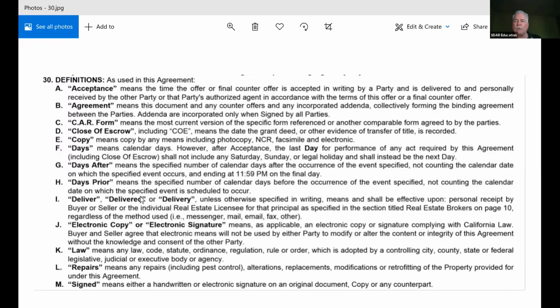Counting backwards, not counting the 1 day, I've got 2 days and I've got the 15th. So on the 15th, I send the notice to buyer to perform, and the buyer has now until the 17th. And then on the 18th, the seller has the right to issue cancellation instructions. That's all the notice to perform does, is tell the other party of the first party's right to cancel. They don't have to cancel, it just means they have a right to.